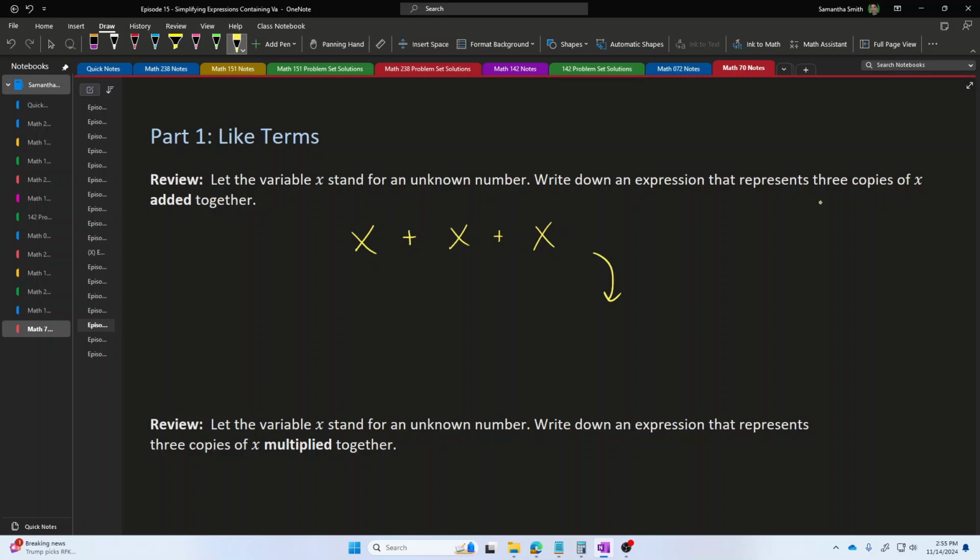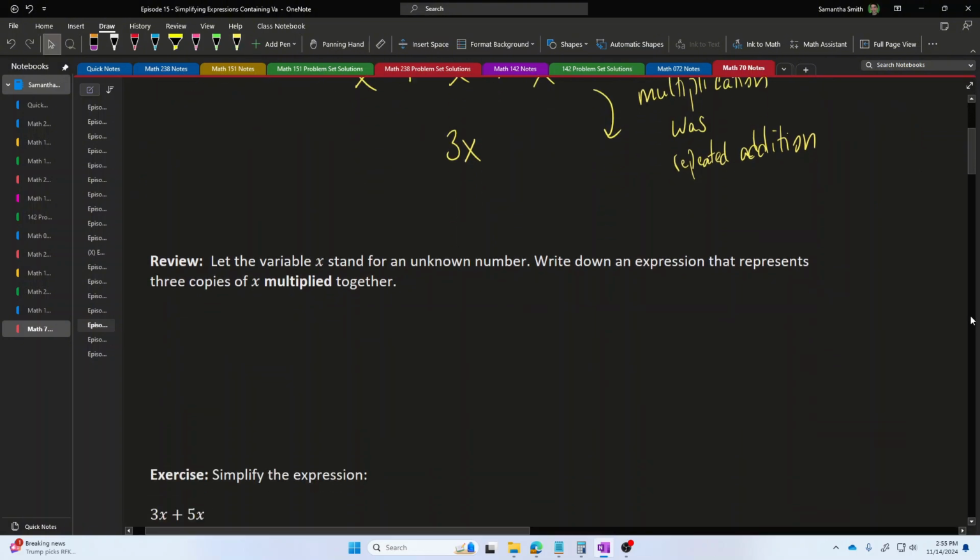But we remember that the meaning of multiplication was to represent repeated addition. If you add a number to itself three times, the alternative way to represent that action was as 3 times x. 3 times x represents three copies of x added together.